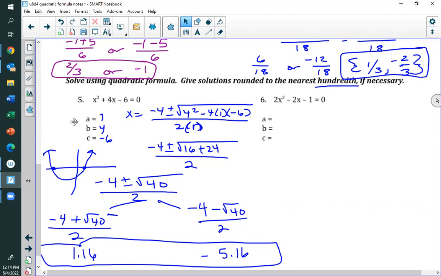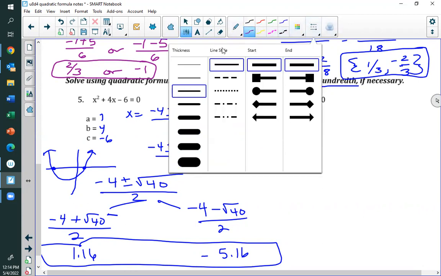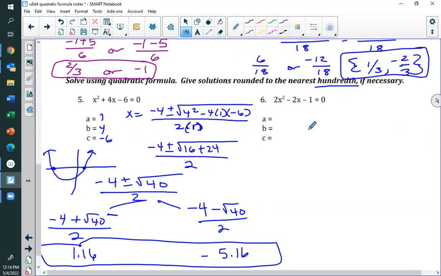Okay, I'm going to start working through number 6. So number 6, A equals 2, B equals -2, and C equals -1.